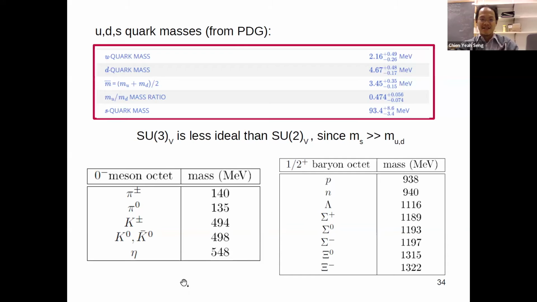So this is the mass for the meson octet, and this is for the baryon octet, and you can see that they show quite some difference.